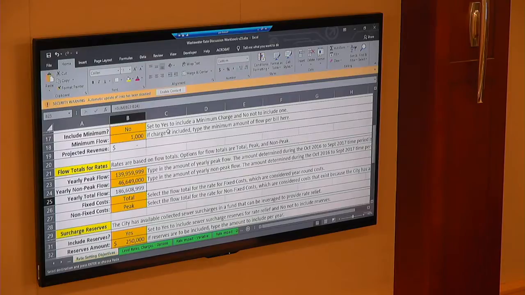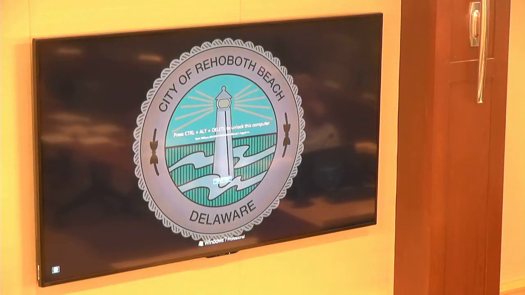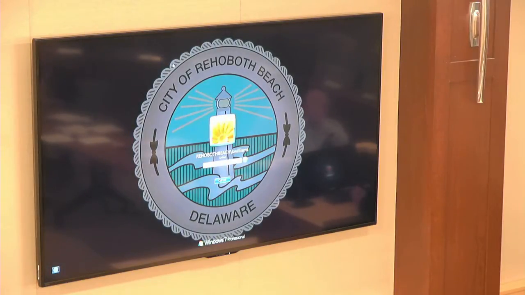And I think it probably needs to be said, because with what we're doing and what we're presenting, people might look at it and say, oh, that's what my new bill is going to be. Not necessarily. So one thing that we did last week or the week before, when we were discussing the whole idea of the profit center and contribution to the general fund, Matt has set up on the water workbook the ability to enter a value for contribution to the general fund.